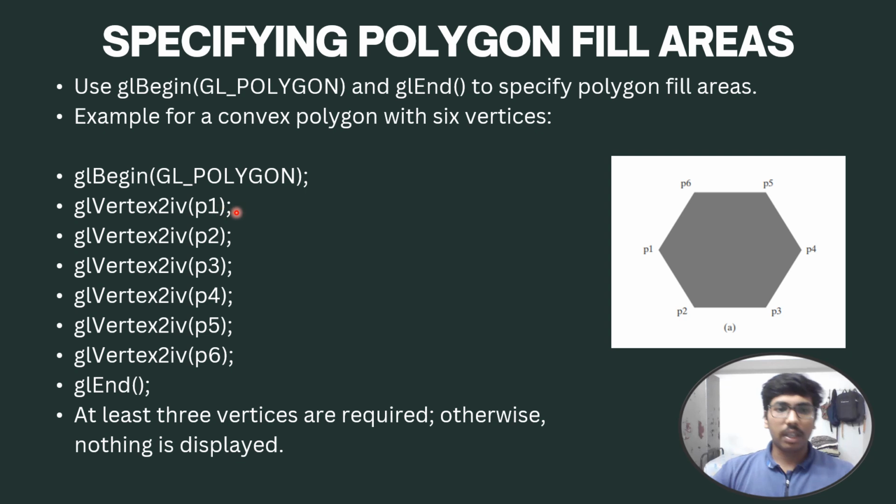As you can see, by just using this function, GL_POLYGON, we can add as many vertices as we need. If we have n points, all the points will be connected continuously. As I said, at least three vertices are required, otherwise nothing is displayed.